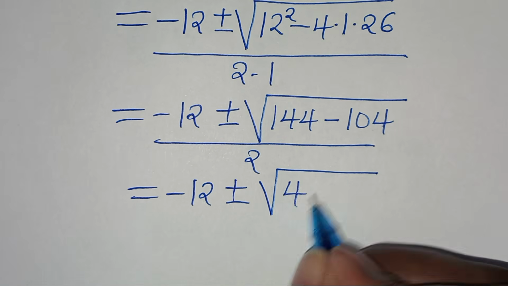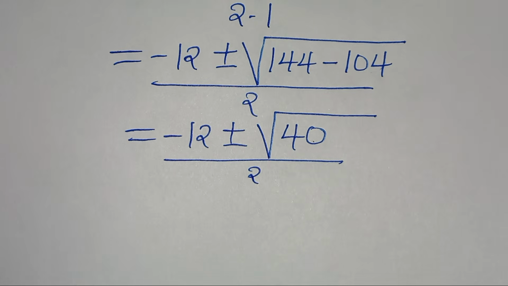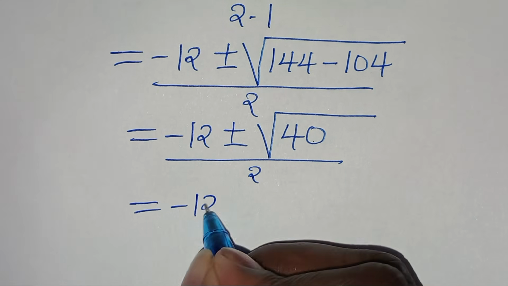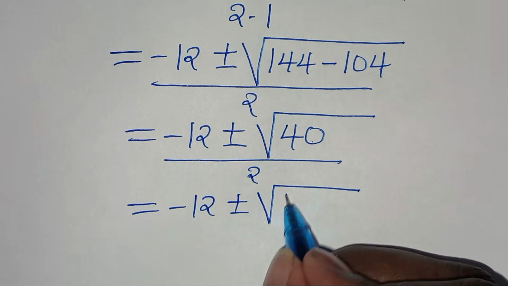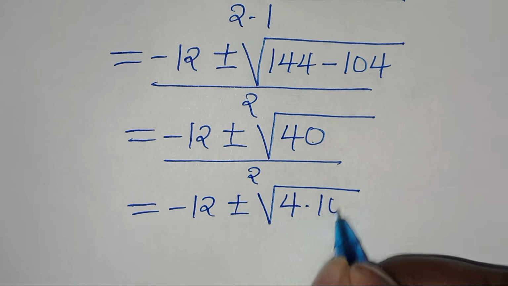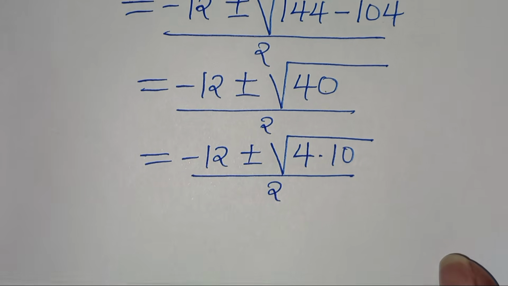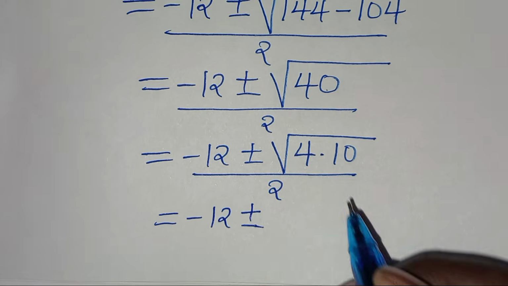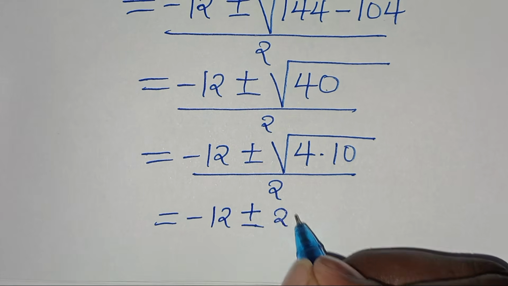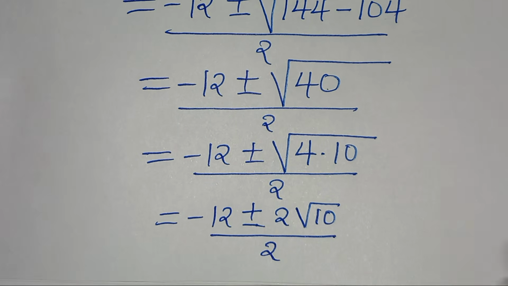This is square root of 40 divided by 2. So now this is minus 12 plus or minus. We can express the square root of 40. This is the same thing as square root of 4 times 10. Everything here divided by 2. So that now this is minus 12 plus or minus the square root of 4, this is 2, then square root of 10. Everything here divided by 2.